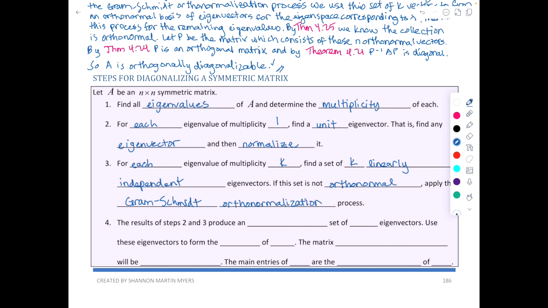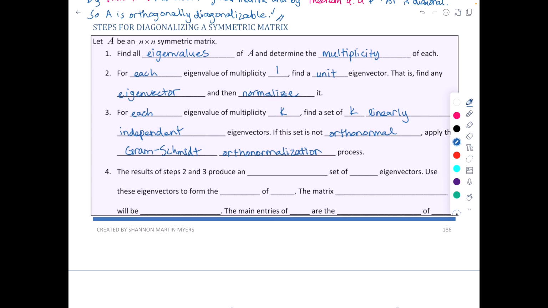The results of steps 2 and 3 produce an orthonormal set of n eigenvectors, and then you use these eigenvectors to form the columns of P. The matrix P inverse AP, which also equals P transpose AP, which equals D, will be diagonal.